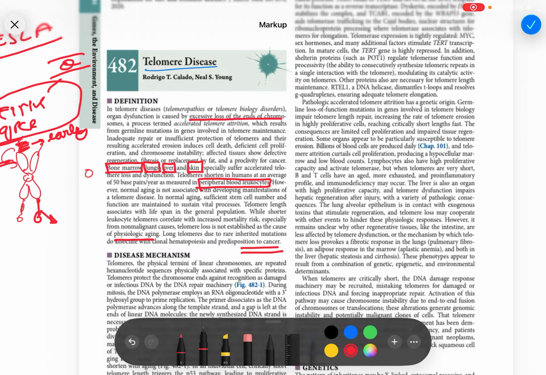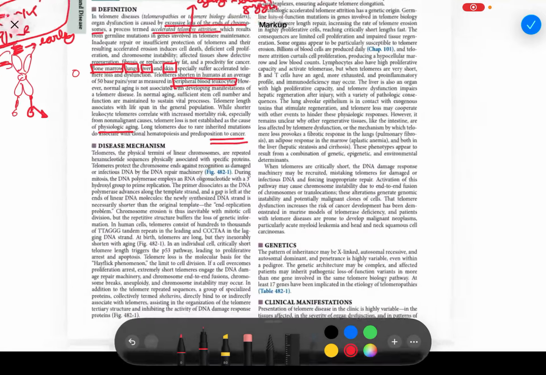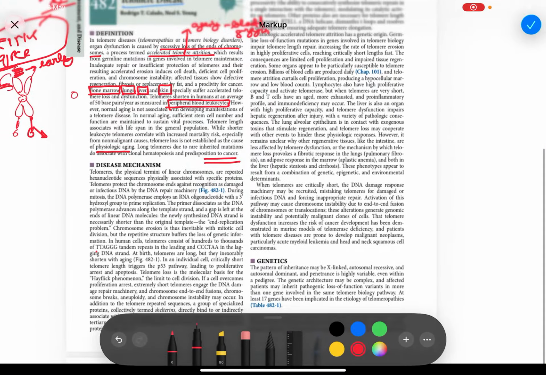Excessive loss of the ends of the chromosomes is called accelerated telomere attrition. This causes aging in the form of graying of hair. Okay, that's it. And the most important telomere sequence is TTAGGG.